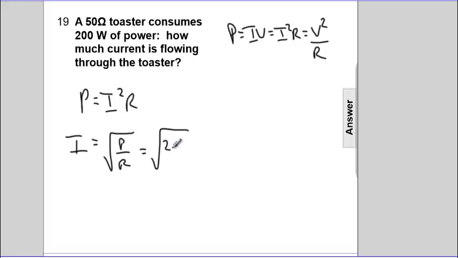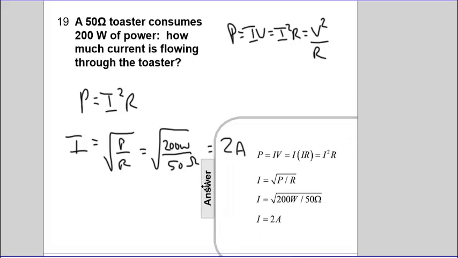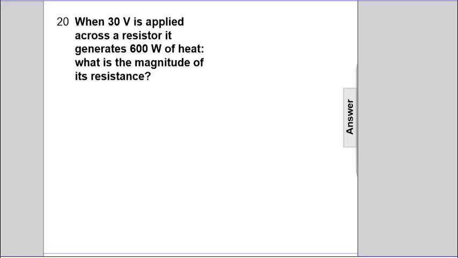The power is 200 watts. The resistance is 50 ohms. 200 divided by 50 is 4. Square root of 4 will give you 2 amps. Very nice. And we'll keep going. We're going to solve some more problems.